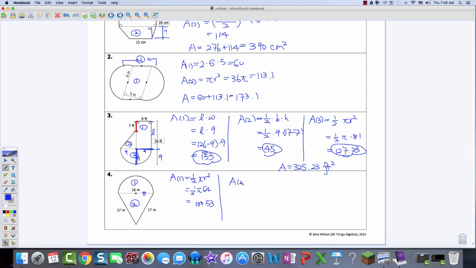My second area, I have the base here. So it will be base times height. Base is 16. Height, I don't know. But if I construct a line here, whoops, that's supposed to be straight.